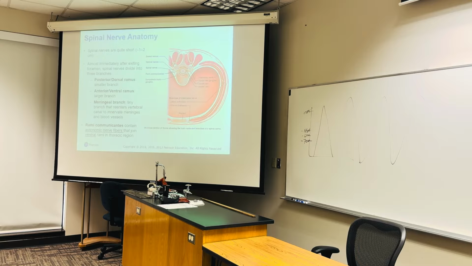So whatever branches are going to the posterior or dorsal, they are going to innervate the what? Your back, right? Dorsal means what? Posterior, back. So whatever branch is coming out, which is the dorsal rami, they are going to innervate your back, right?